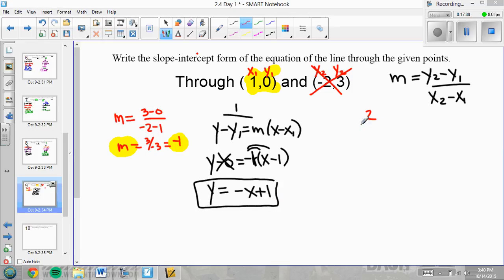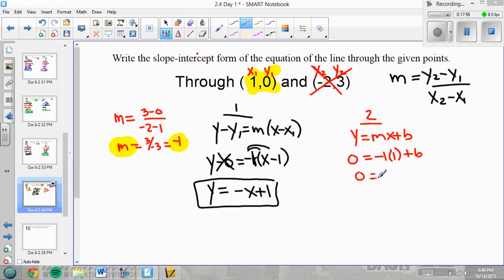Okay, if you use the second method, using our y equals mx plus b, we know y is 0, equals, my slope is negative 1, and x is 1 plus b.